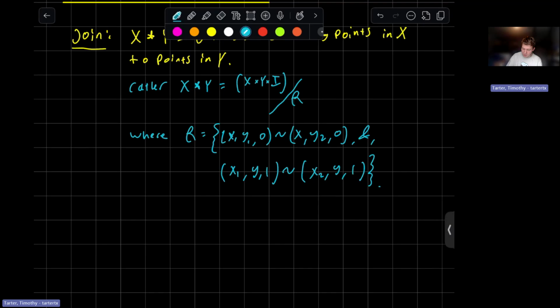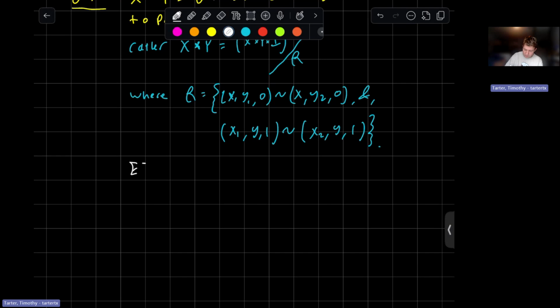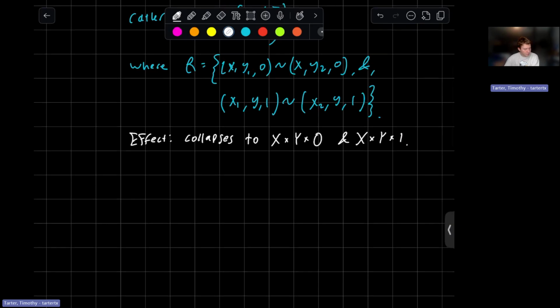So basically we're collapsing points to be at 0 and 1, X cross Y cross 0 and X cross Y cross 1. And actually, I was slightly wrong. Basically, 0 collapses to X, and then 1 collapses to Y.